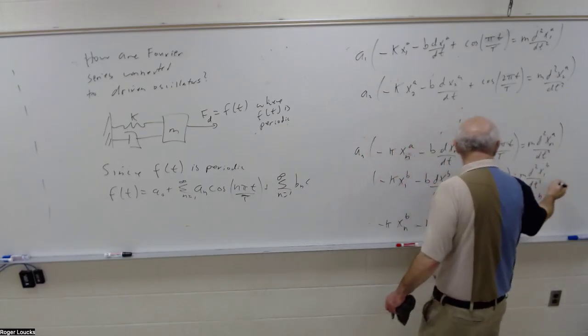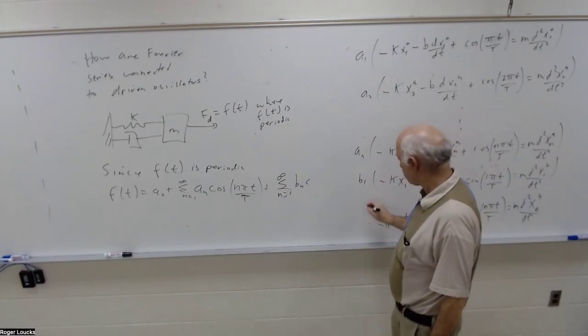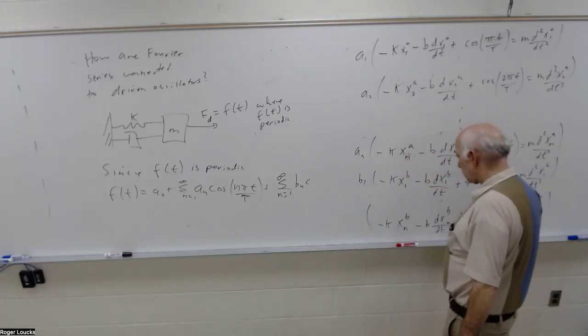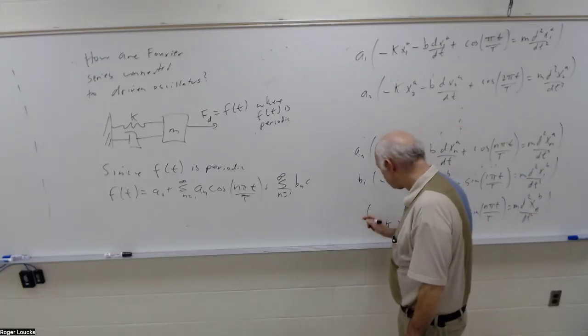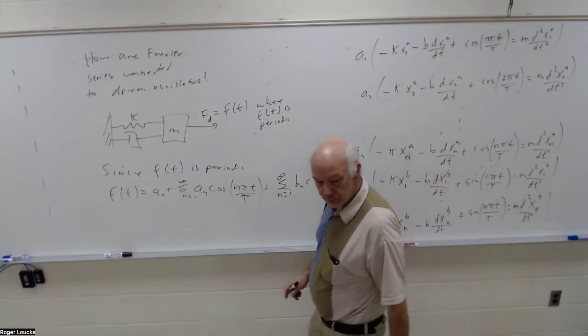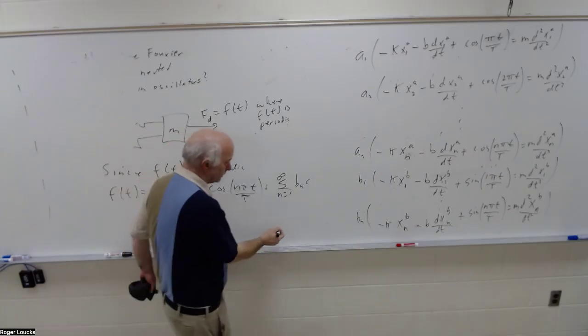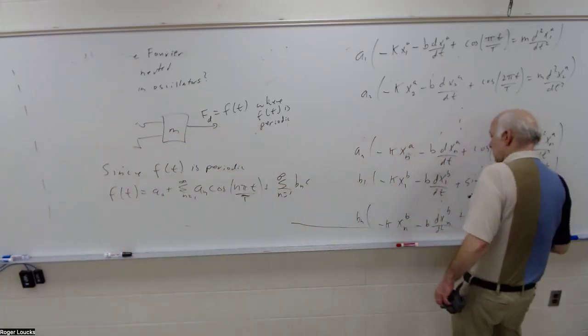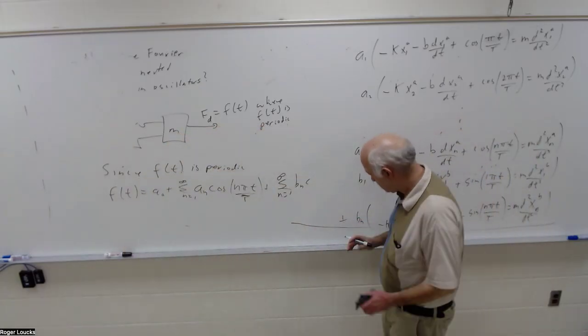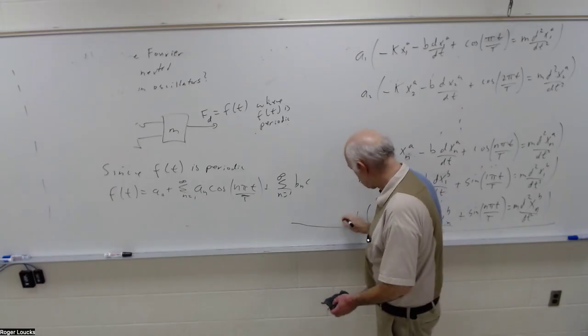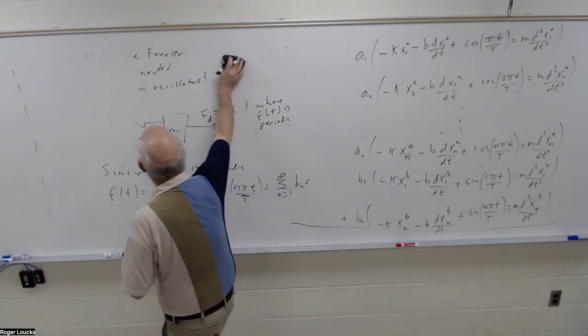I could take this one here, multiply it by the B1 coefficient. I could take this one here, multiply it by the Bn coefficient. Well, what would that give me? If I add, then I could take all of these and add them up. What would that give me?